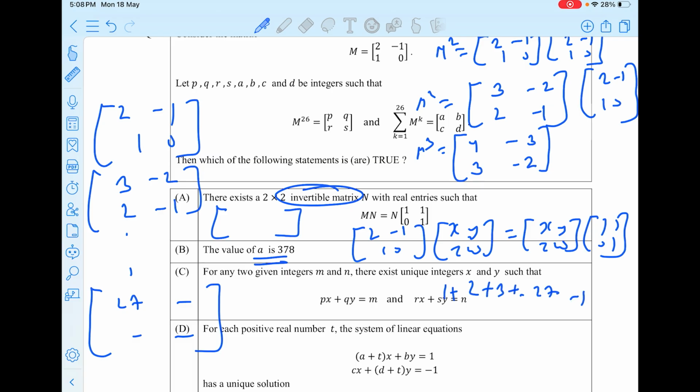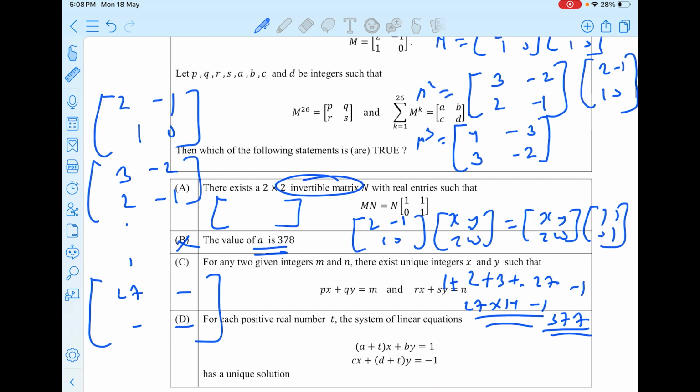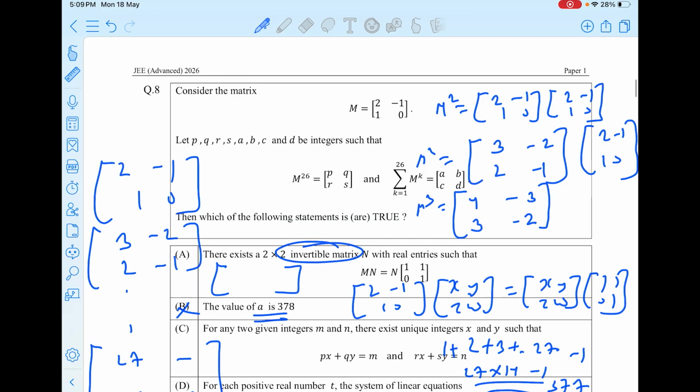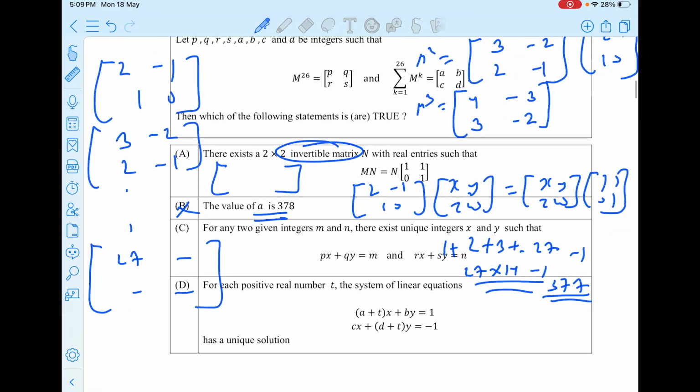Add 1, subtract 1, so this will be 27 into 14 minus 1, which will give you 377. But they are saying 378, so this is wrong. Similarly C and D you can check once you get P, Q and R, S that we already got. Okay, lengthy problem.